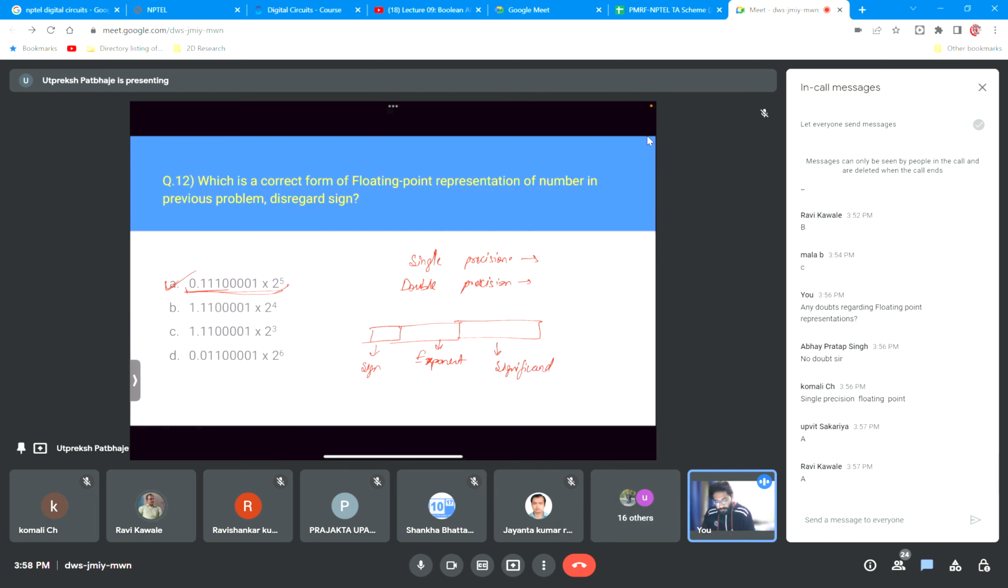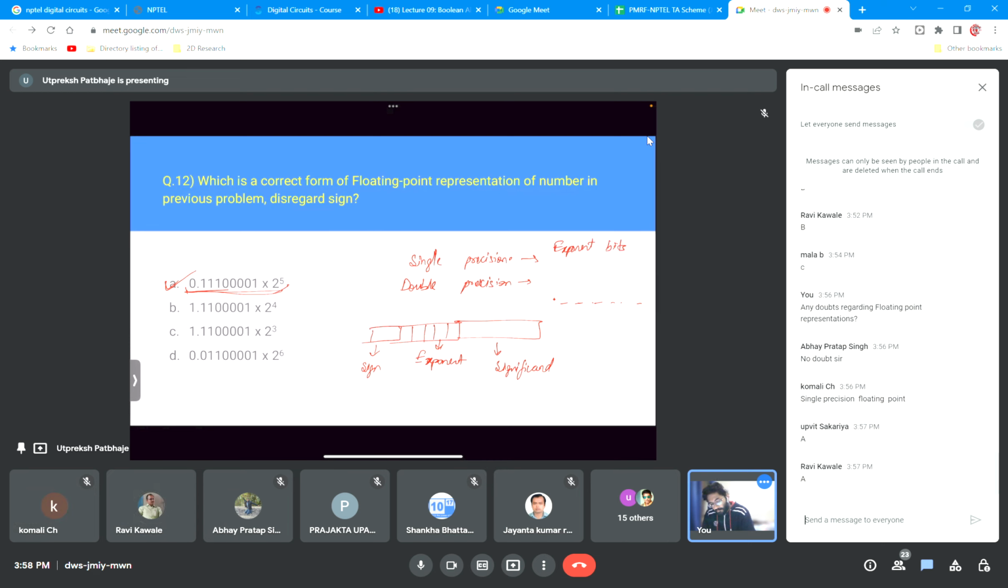So your precision depends on the exponent value, to which decimal accuracy you can represent your number. So single and double are just two different kinds of representational entities in which double will be having more number of exponent bits as compared to single. So here the difference lies in exponent bits.